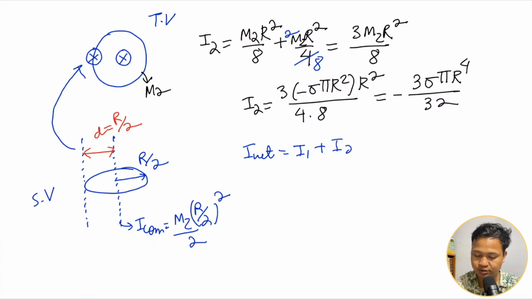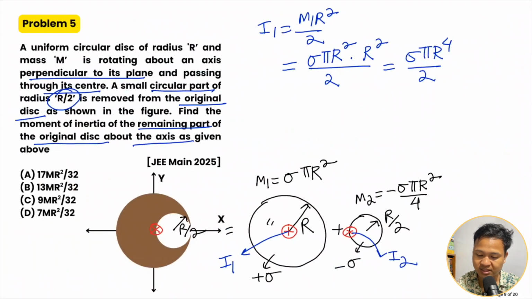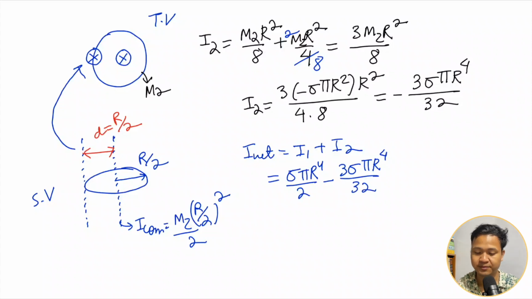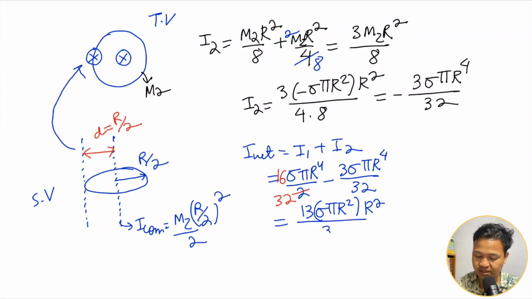I1 is sigma into pi r power 4 by 2, minus 3 into sigma pi r power 4 divided by 32. Taking the LCM, 32, I will have 16 here, so 16 minus 3 is 13, into sigma pi r square into r square divided by 32.